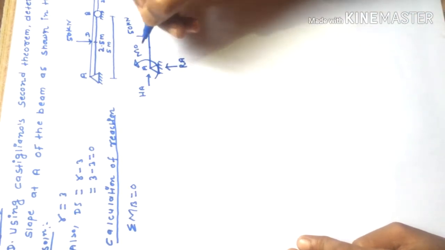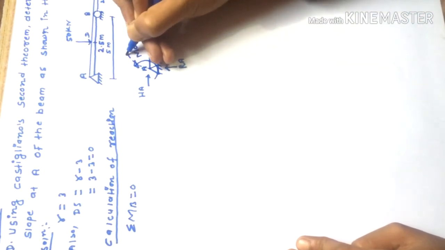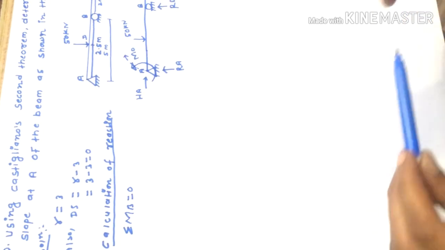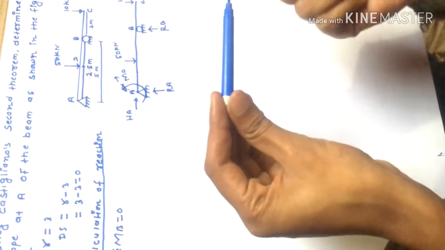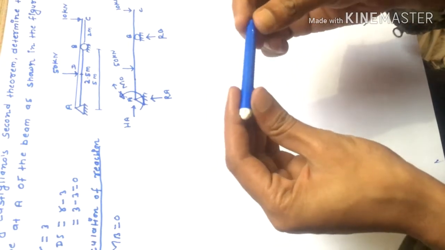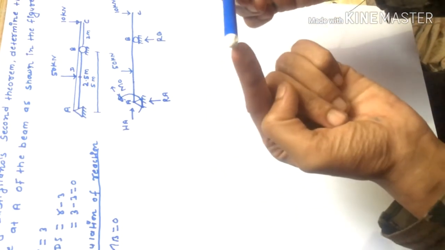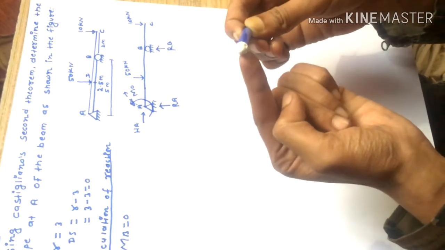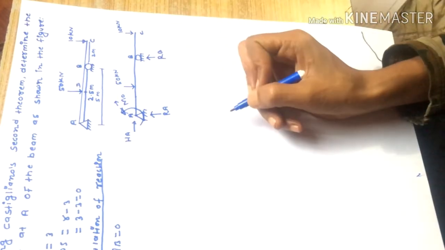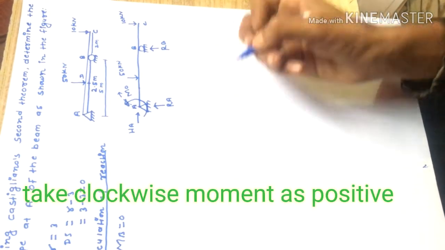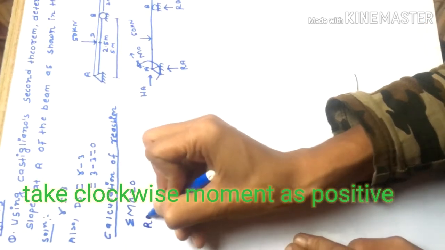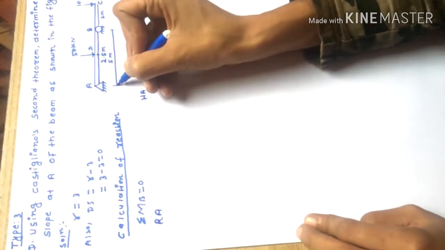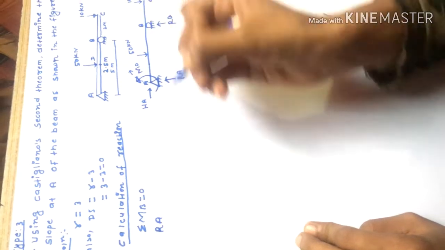First, RA will rotate this figure, as we can see in the figure, in clockwise direction, and on moving from left to right clockwise moment is positive. So here RA into, in the figure we can see the perpendicular distance is 5 meter, so RA into 5.